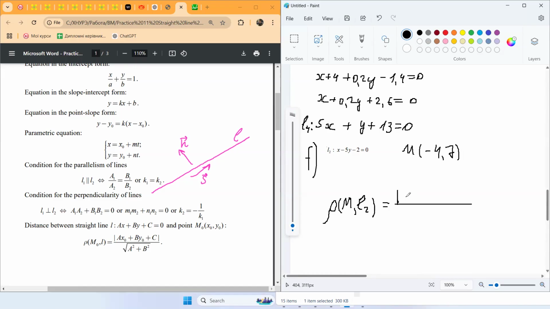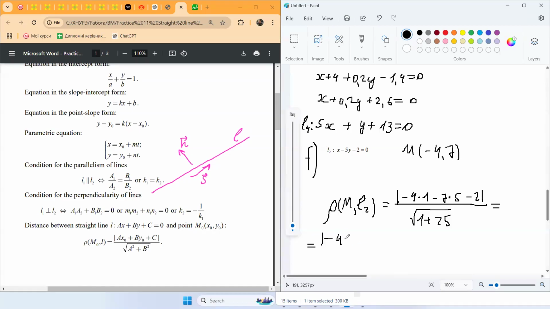Okay, so minus 4 by 1, minus 7 by 5, minus 2, and 1 plus 25. So here we have minus 4, minus 35, so minus 39, minus 2, minus 41.